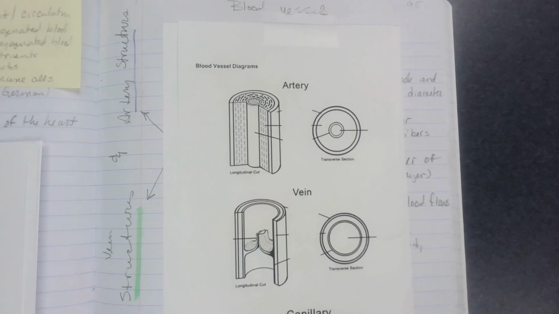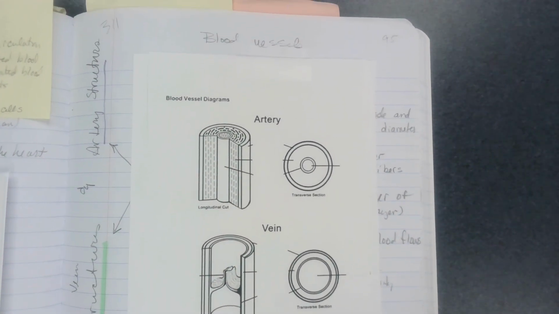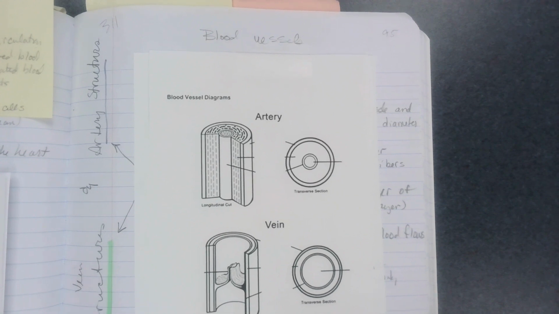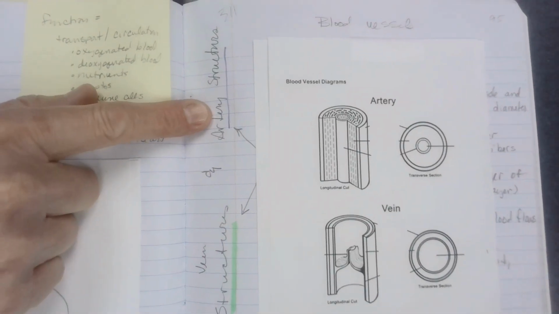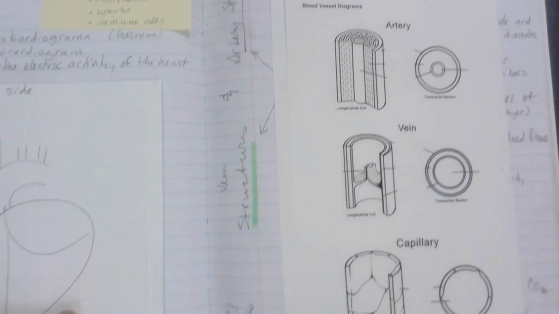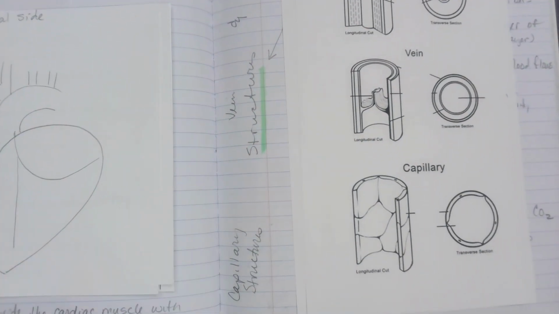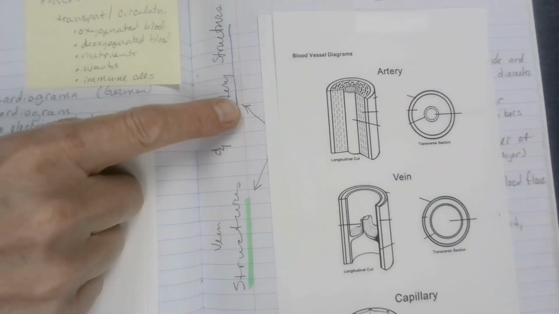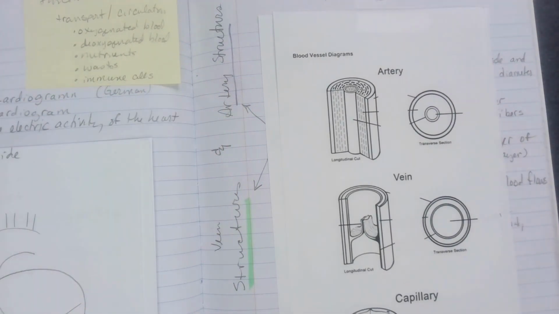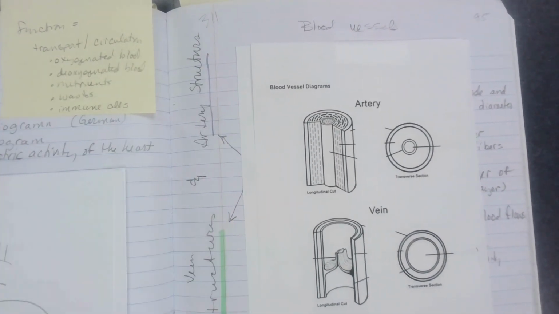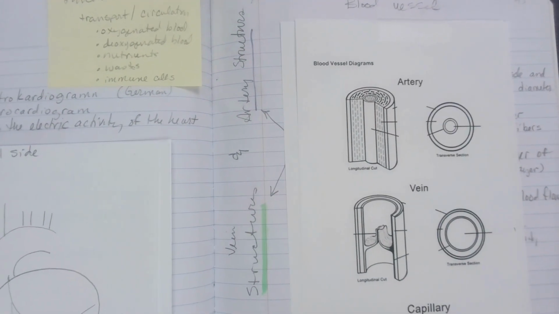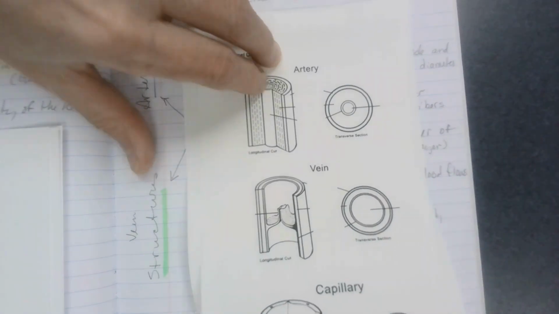And so it is a little bit of a review, but it does kind of go a little bit deeper into what structures are involved. So I have artery structures, vein structures, capillary structures. Notice that there are going to be some structures that are common to both arteries and veins. So I have this underlined purple, I have this underlined green, because I like color to help me distinguish things.